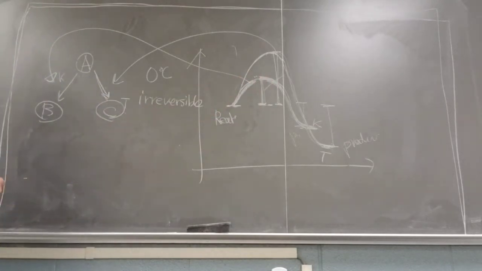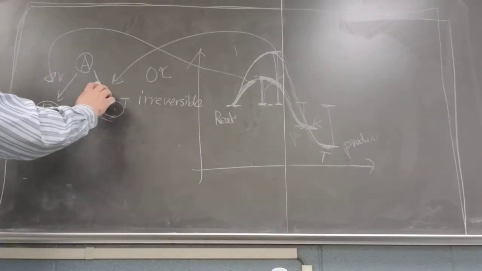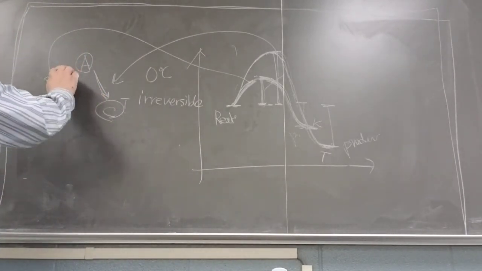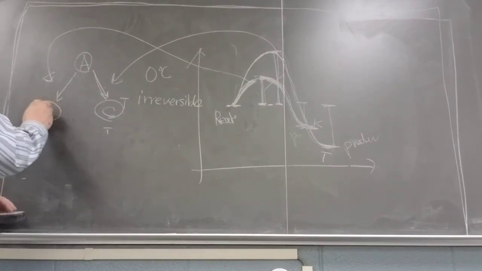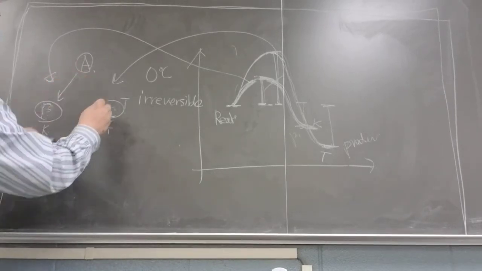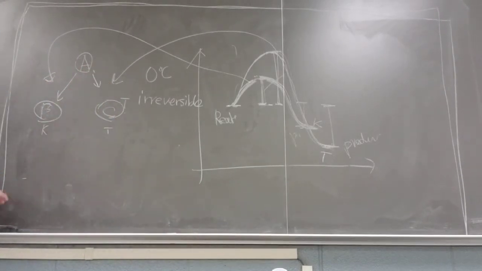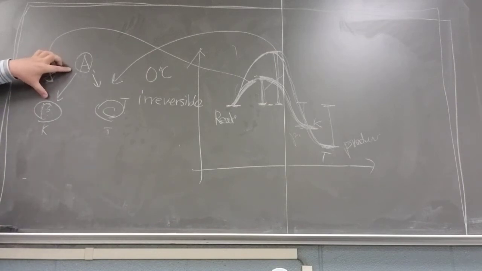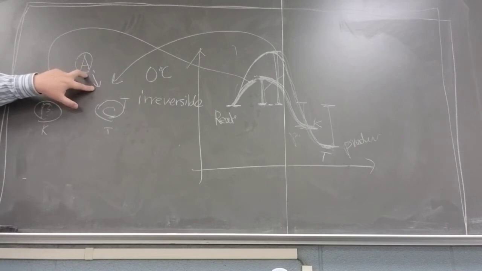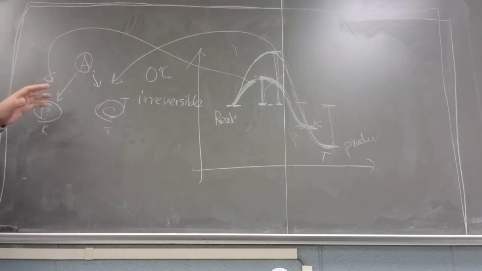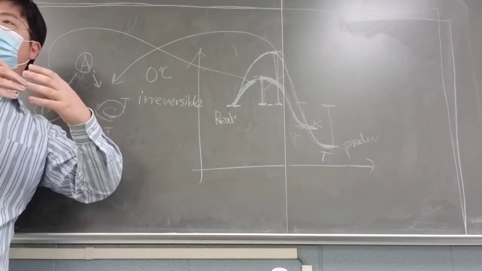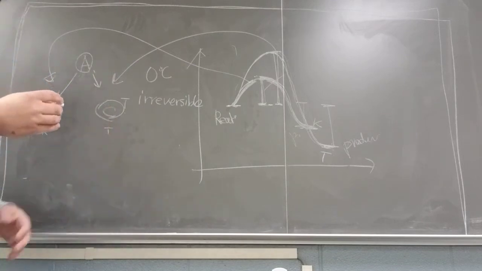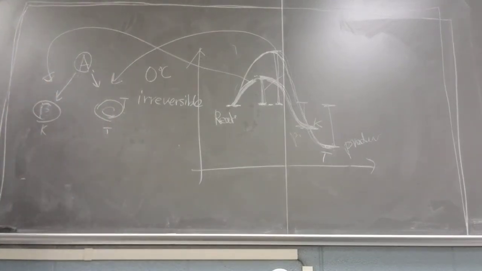So in this way, if it's kinetically controlled, you're going to have K and T. Let's change it to K and T. Then this reaction will show in this reaction. So going forward in this way is a lot faster. This is, relatively speaking, slower or smaller. Okay? So in kinetic control, this is why your kinetic product will be your major product. This is much faster to make the kinetic products.